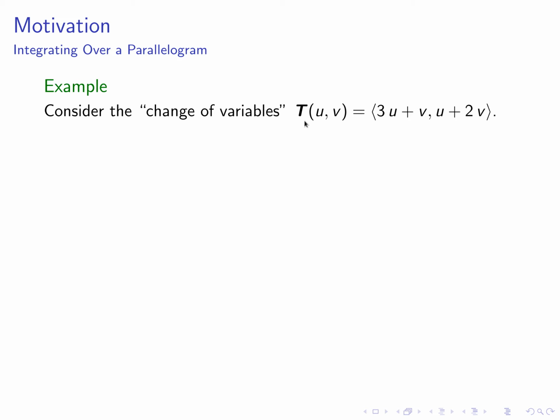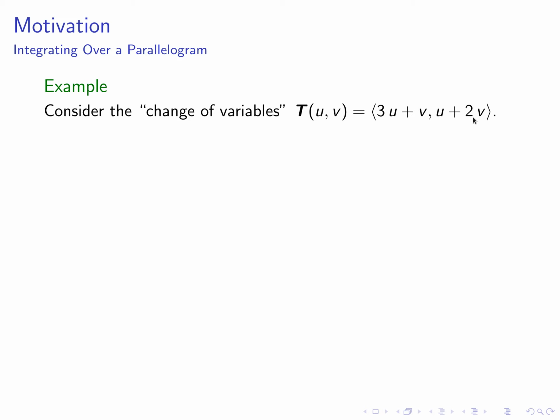The change of variables function we're introducing is this function from R² to R², which we're calling capital T. The idea is that T helps us introduce new variables, u and v. The formula we're giving for T is that the first coordinate is 3u + v, and the second coordinate is u + 2v.